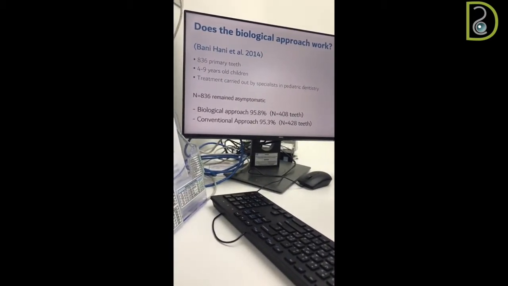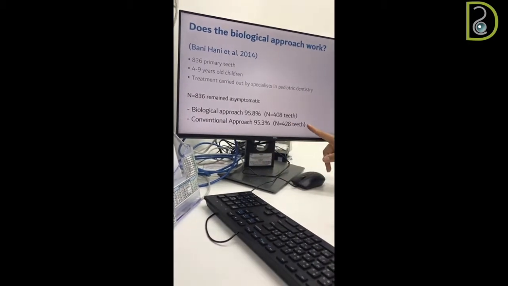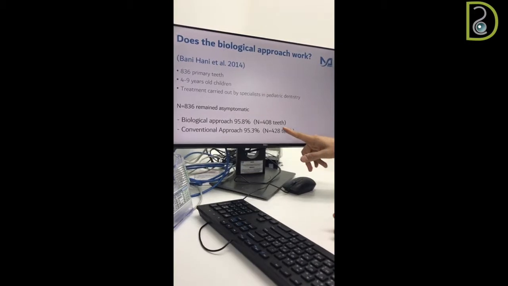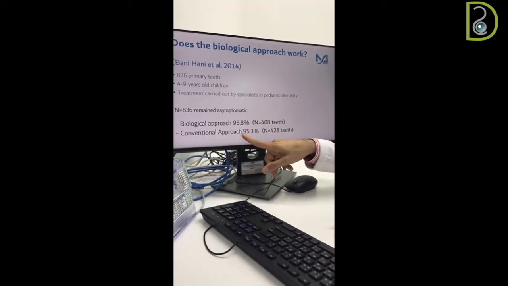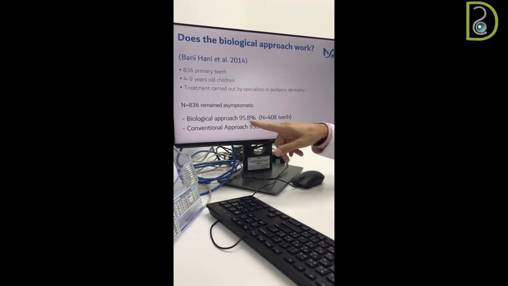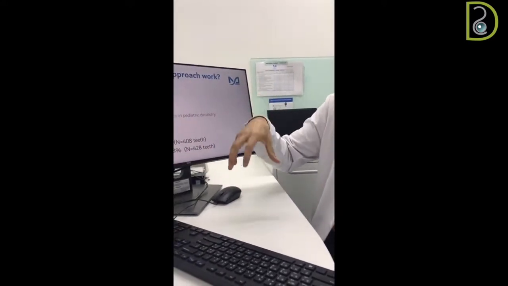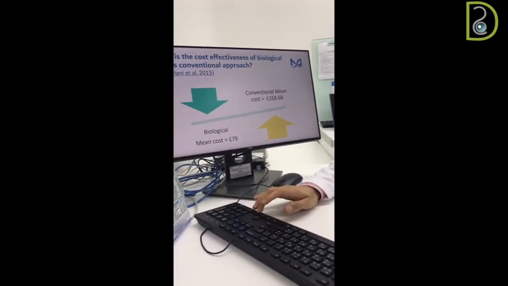She compared basically the conventional stainless steel crown, with 428 teeth using the conventional approach, and 408 teeth using the whole crown. So basically, she compared at the specialist level the success rate of a conventional stainless steel crown, which is preparation and crown, and the biological crown, which is no preparation and using the whole technique.